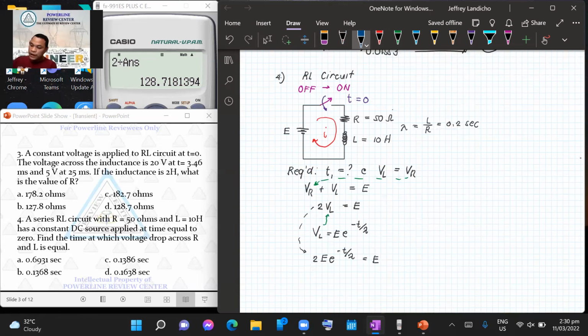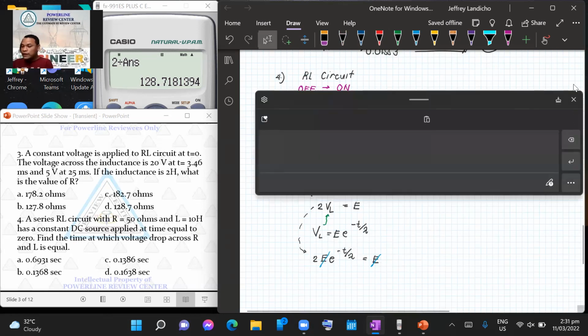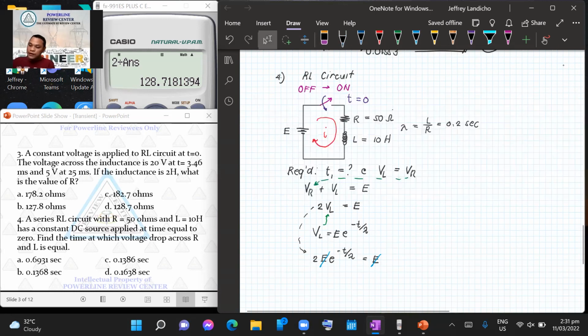So pwede ko nang i-cancel ito. We may cancel source voltage. So by algebra, kuha na natin yung value na T. So lumalabas, the value of T, which is equal to T sub 1, it should be equal to negative lambda log of, you have B sub L, i-divide na lang natin, so you have E over kanino?